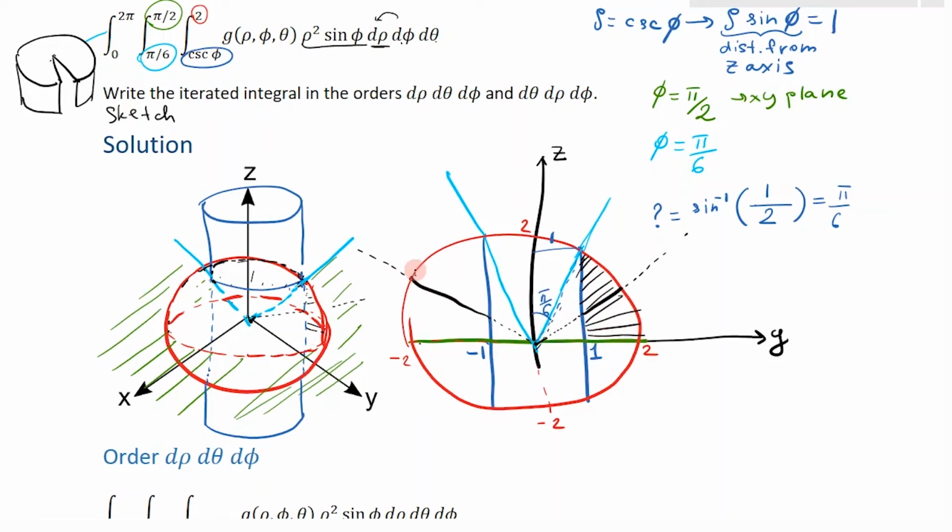The same thing happens here. I'm only showing you the YZ trace because it will get really messy on this drawing if I try doing it. But just imagine I'm doing this for every possible theta value.